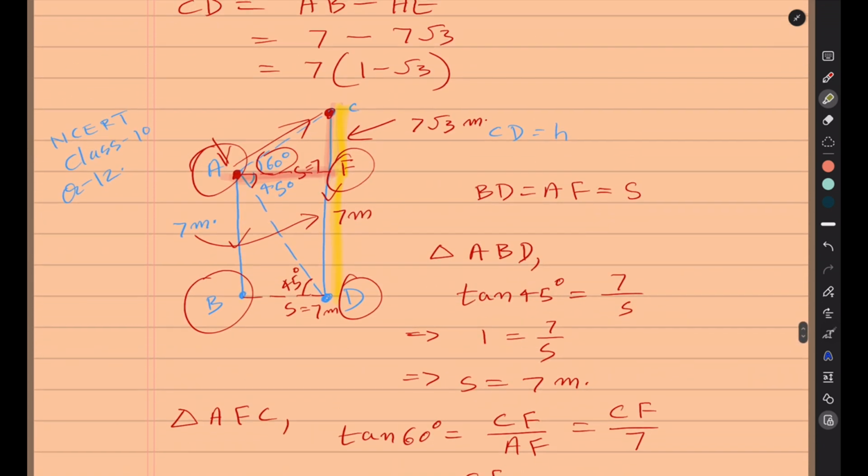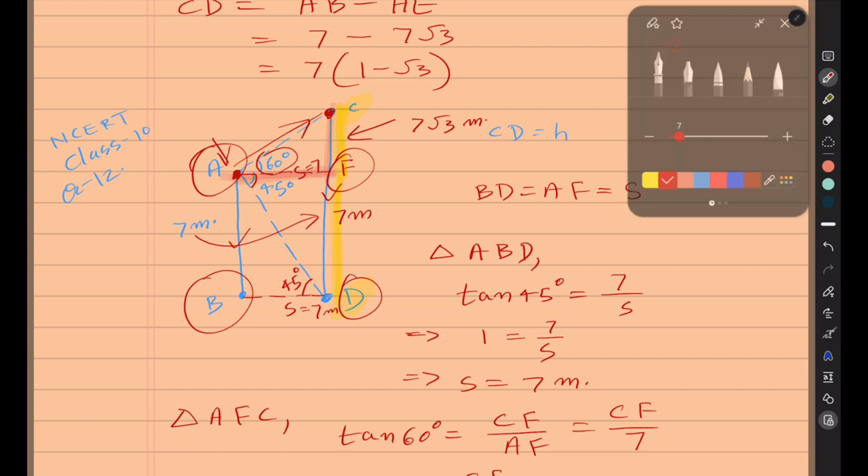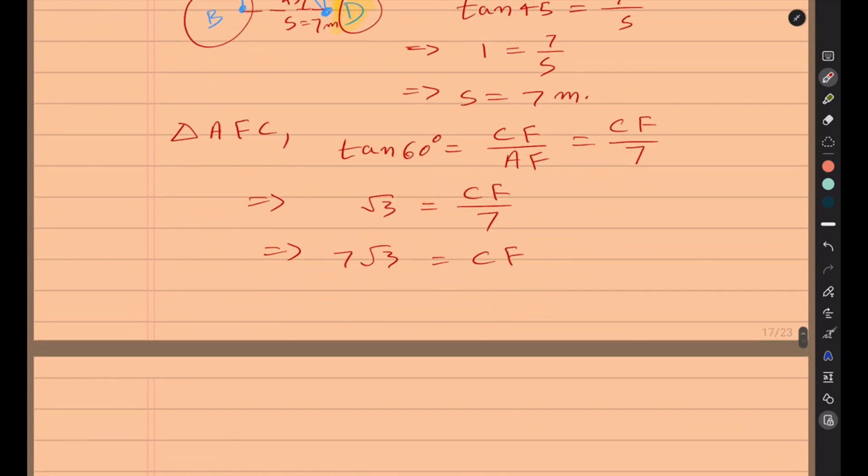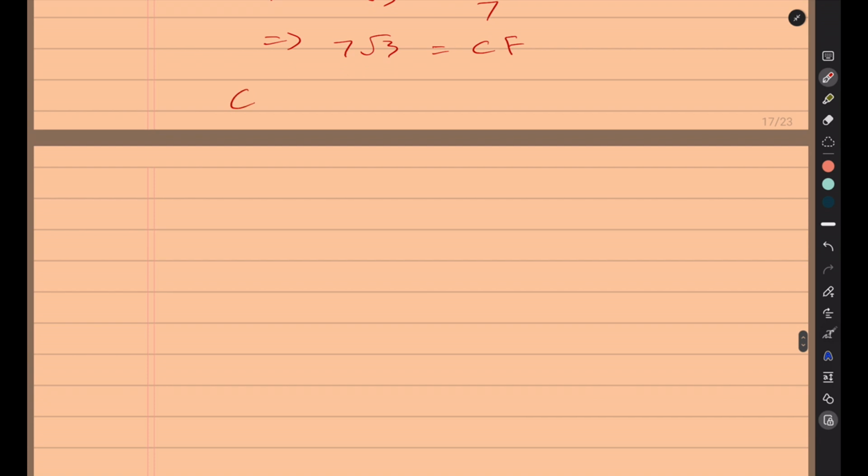So the height of the cable tower, which happened to be CD, will be 7 plus 7 root 3 meter. So this is the solution of this problem.